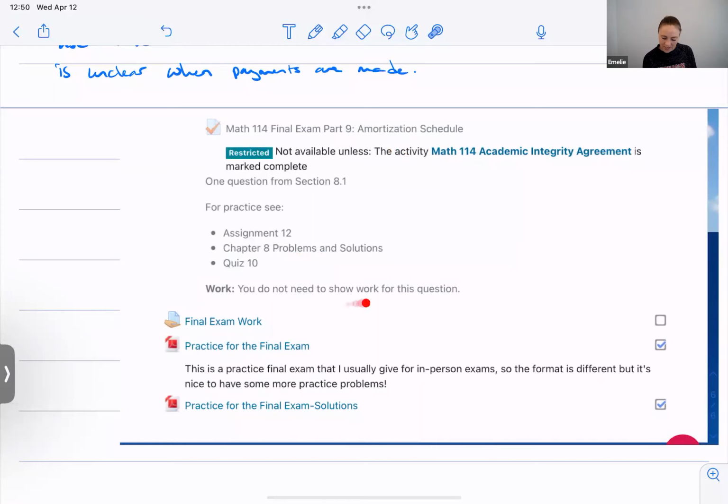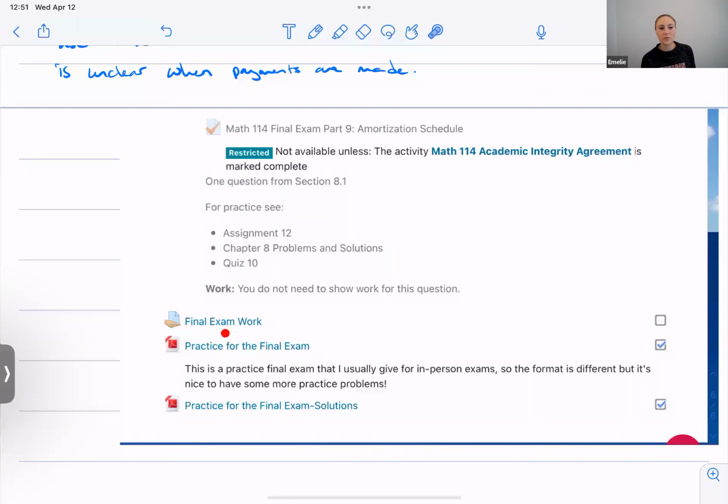And you do not need to show work for this question, which means that only part 2 and part 9 are the only ones that don't require work. All the other ones require some level of work. But it's only one question from section 8.1. You can do it.